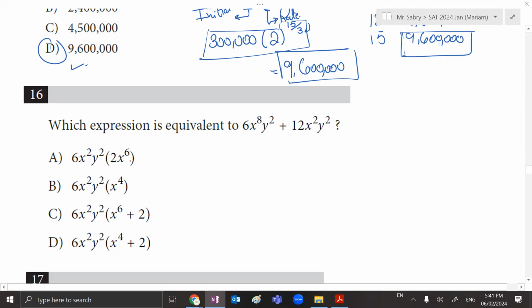No, there is no distribution here because there's nothing added or subtracted. So it's all multiplied by each other. So the 6 will be multiplied by the 2, which is 12, and then x power 2 by x power 6, which is x power 8, as you said, and then y power 2 is right next to them.